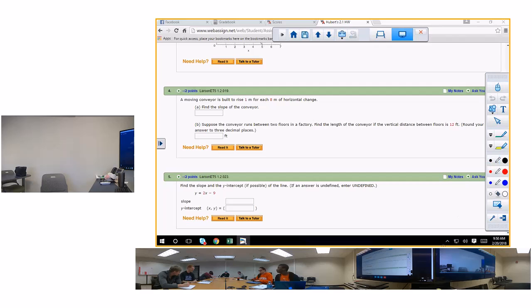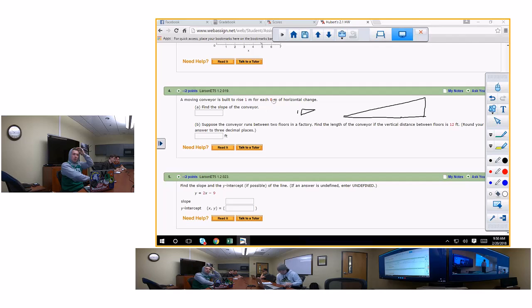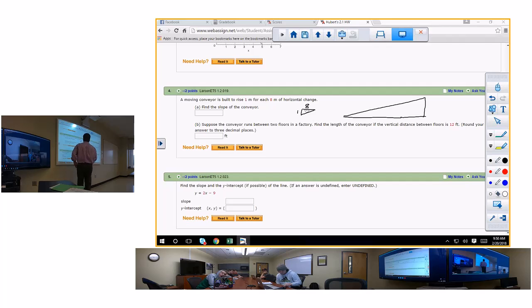All right. So we've got a conveyor that's for every 1 foot vertical, there is 8 for horizontal. So the slope is 8.